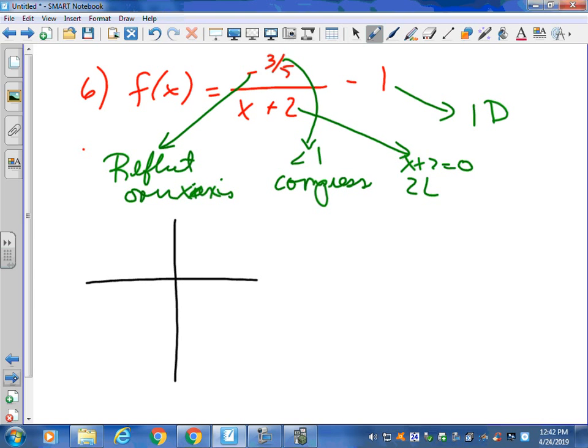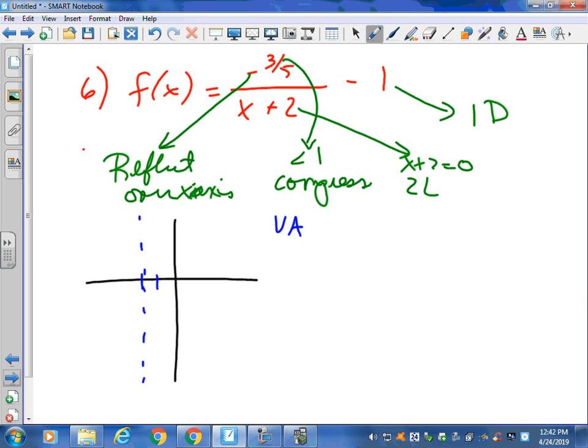So how much did it move left or right? Well, it went left 2. So your vertical asymptote just moved left 2. So that means my vertical asymptote, we abbreviate VA, always goes right or left. It shifts along right or left.